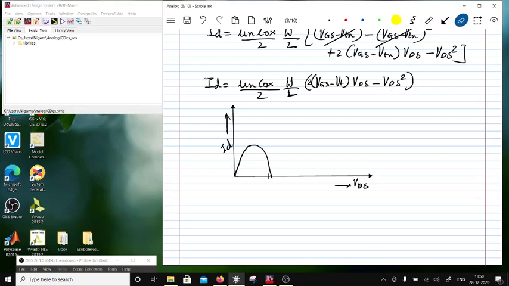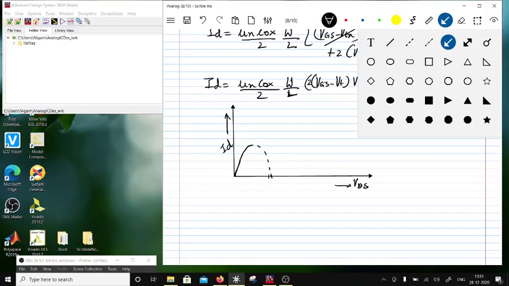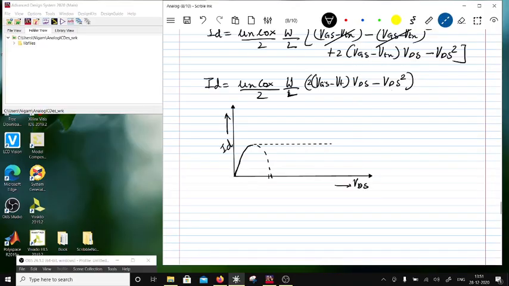Now at pinch off, this equation is not valid anymore, and the current is supposed to become constant after the pinch off, right? And this value would be equal to IDS, the peak value.